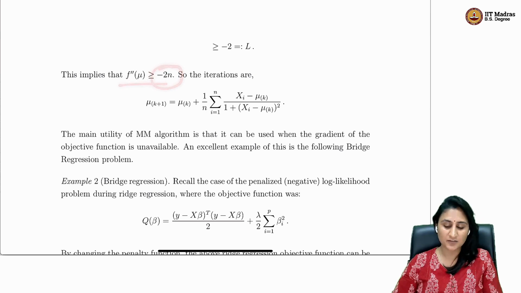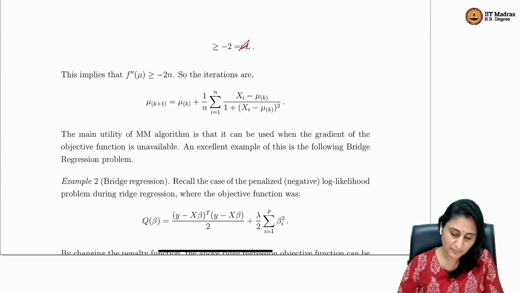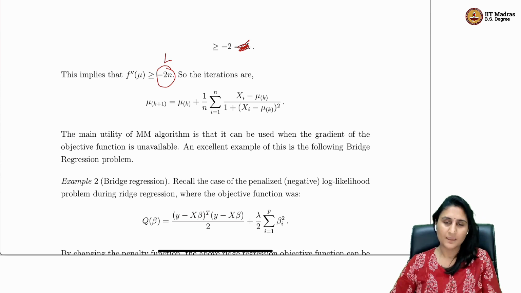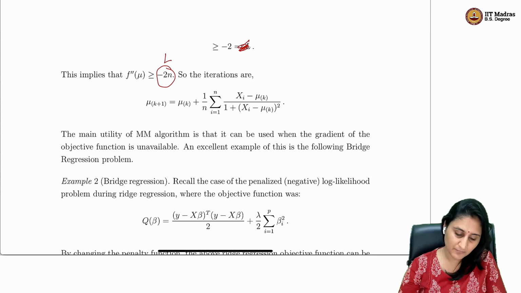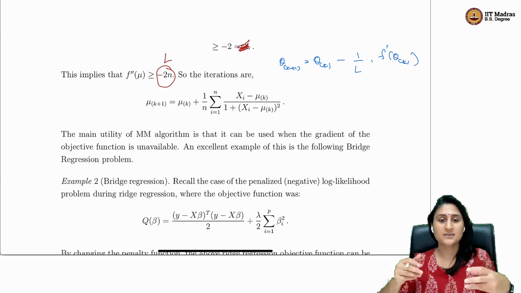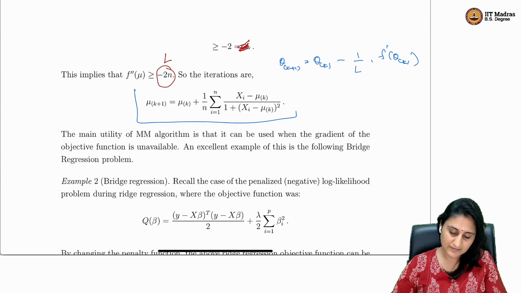So this is what I can use. So actually, this shouldn't be my L. This is my L. Okay, and I can take this L and basically run my algorithm using the fact that theta k plus 1 is equal to theta k minus 1 by L f prime theta k. And when I plug in all the necessary components, I get exactly these updates. Okay.